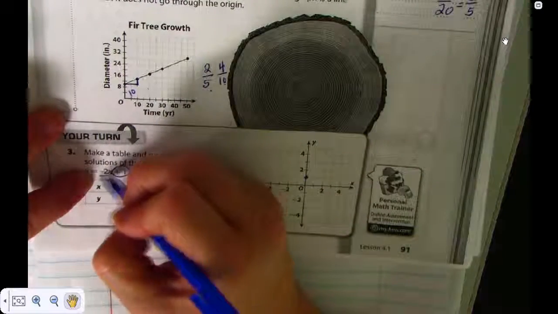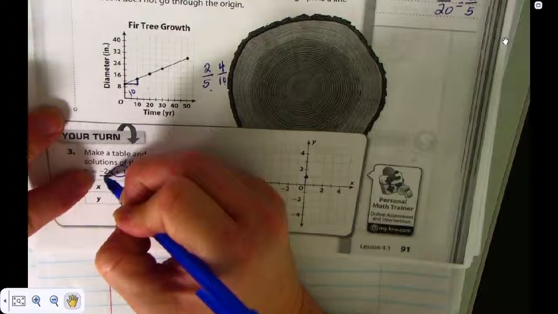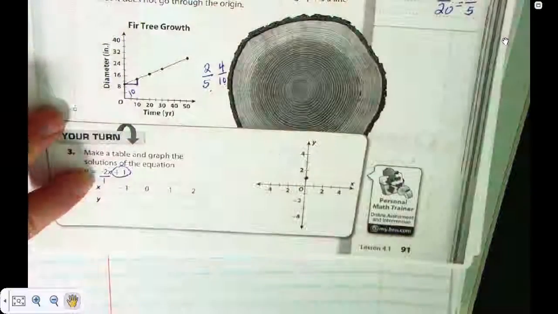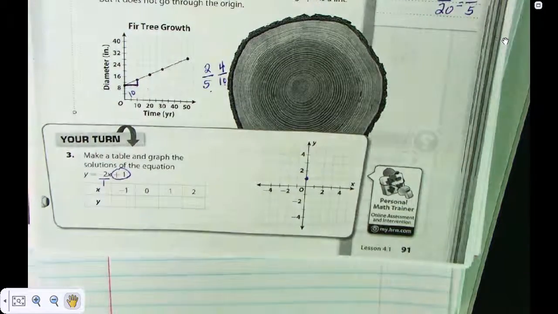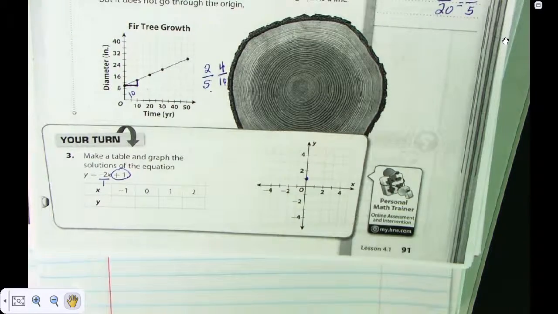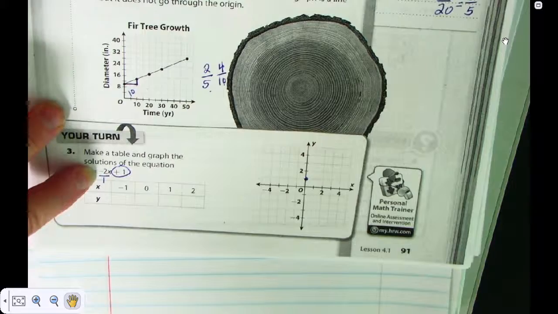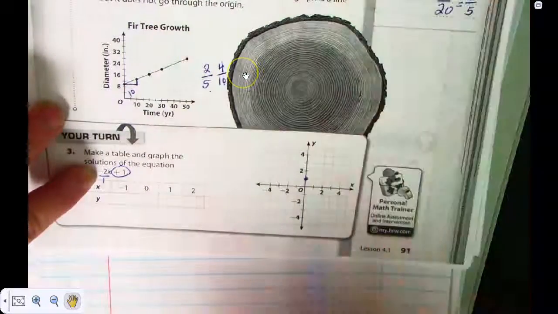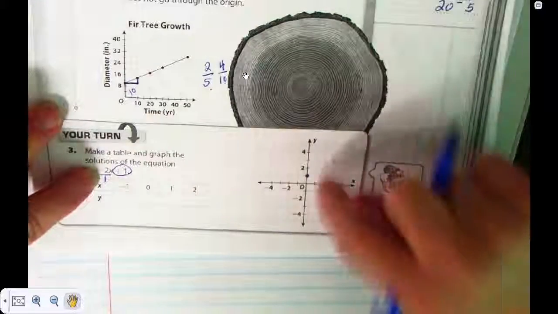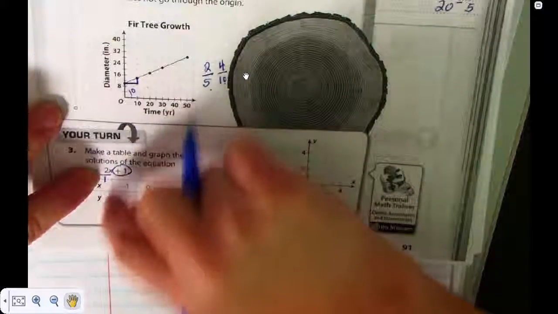So I'm going to put -2 over 1. Can I put -2 over 1 and still have -2? Yes. So now I've got the directions to get to the other point by using the rise over the run.